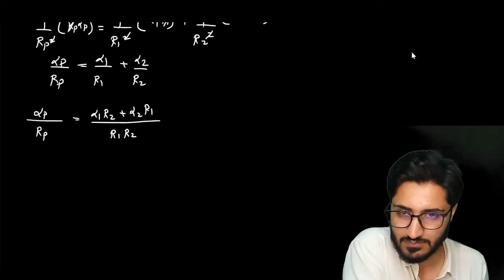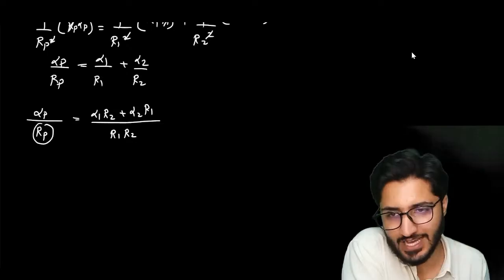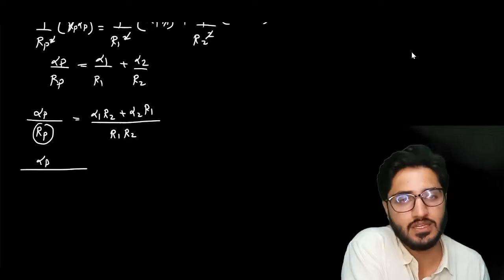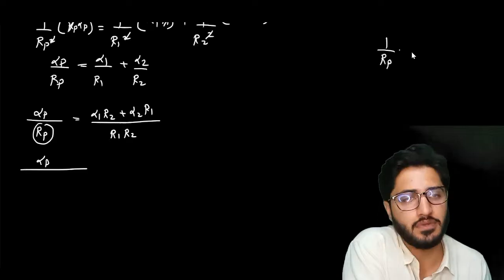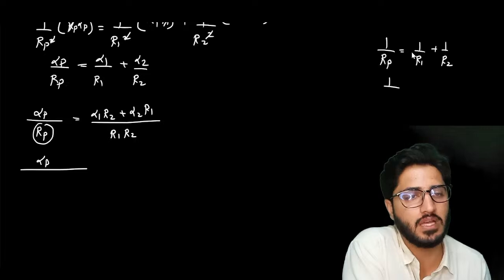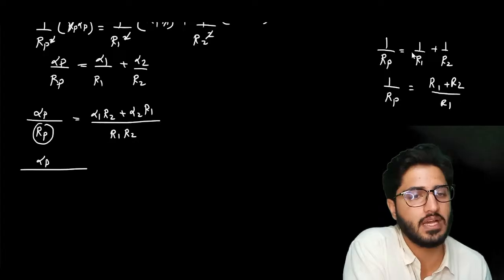What is RP? Do you know what is RP? Yes, sir. RP means 1 divided by RP is equal to 1 divided by R1 plus 1 divided by R2. So 1 divided by RP means it is R1 plus R2, whole divided by R1 R2.